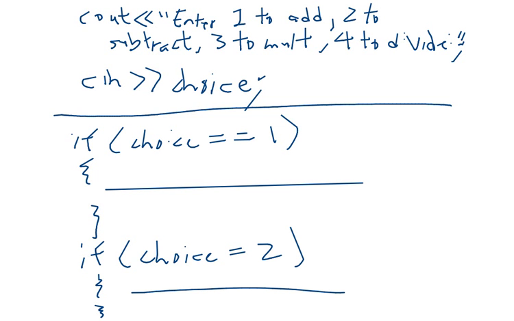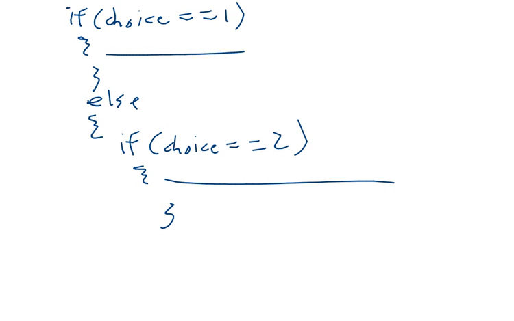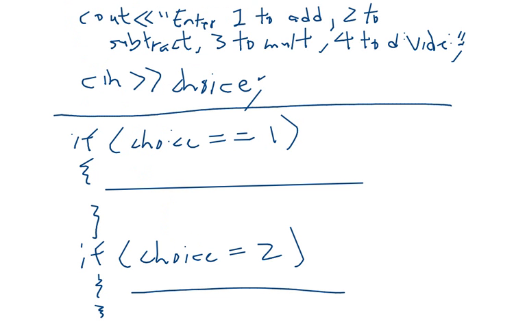How else can you do it? You could do a bunch of nested if-elses. You could do if choice is equal to 1, you do something. Then you check if choice is equal to 2, you do something there. And then else, and so on. You get the idea.